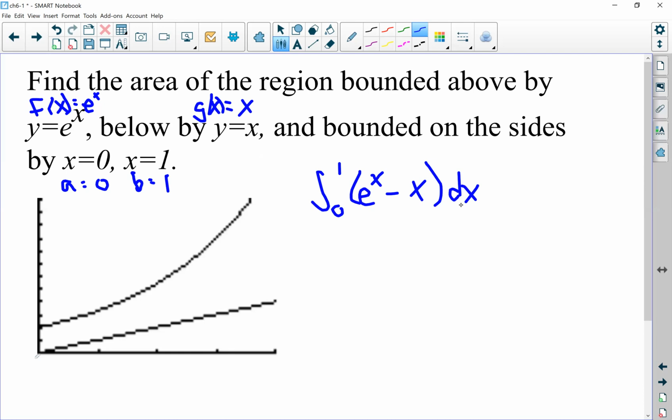All right. Do we know the integral of e to the x? All right, e to the x, its integral is e to the x.